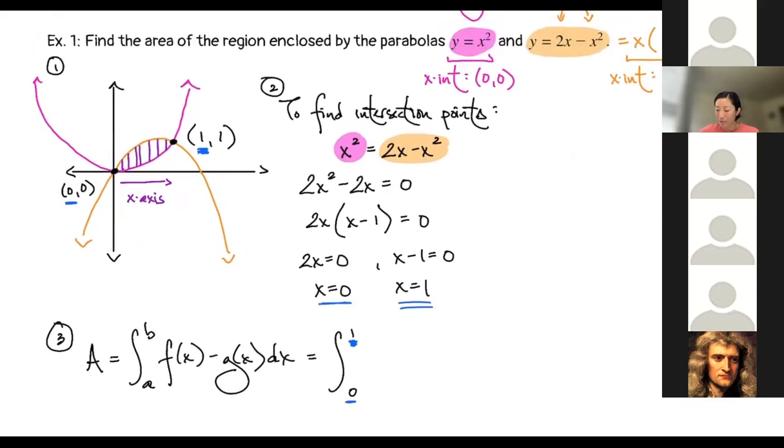how do I know which function is f of x and which function is g of x? Because, I mean, Judy was certainly not helpful. She just called them both y. So how do we know which one is f of x and which one is g of x?